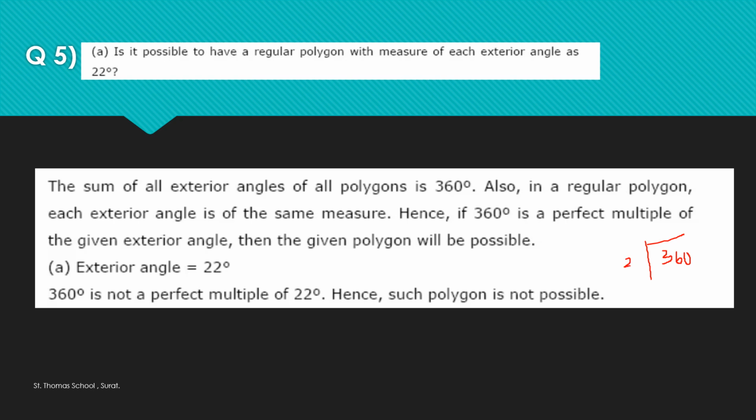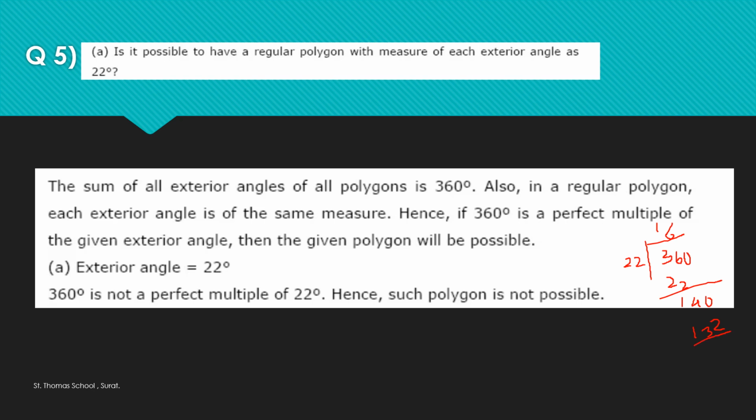360 divided by 22. You know that 22 ones are 22. 6 minus 2, that is 4, and 3 minus 2, that is 1, and 0. And what will be next? 6 2s are 12. 12 plus 1, 13.